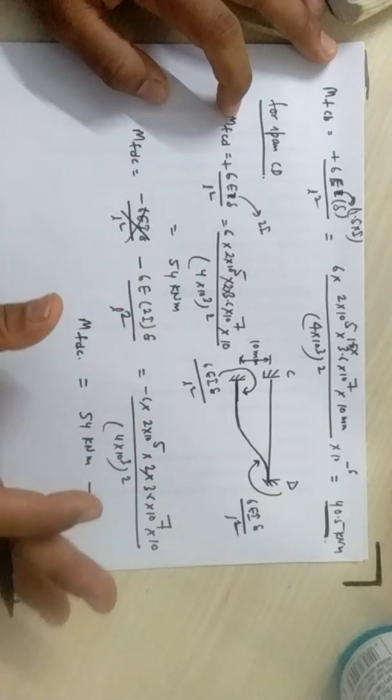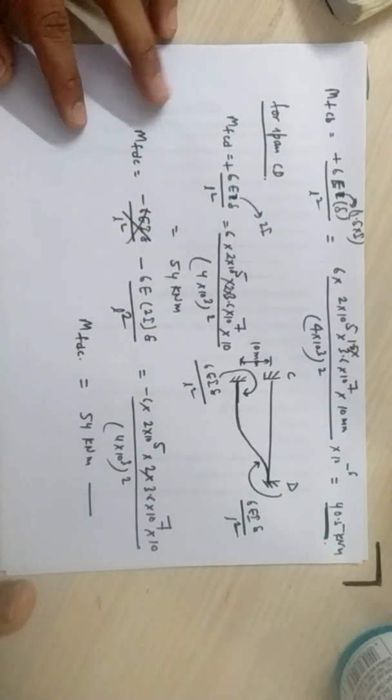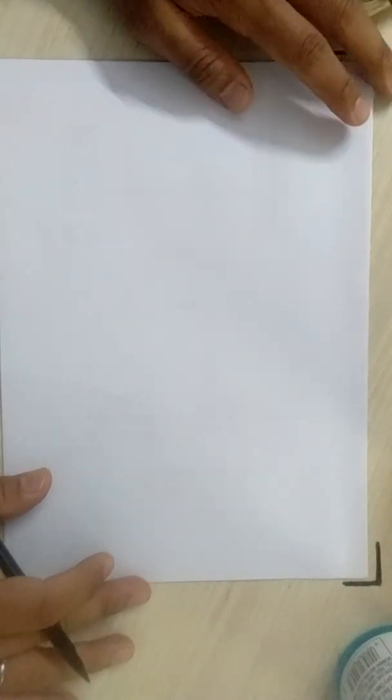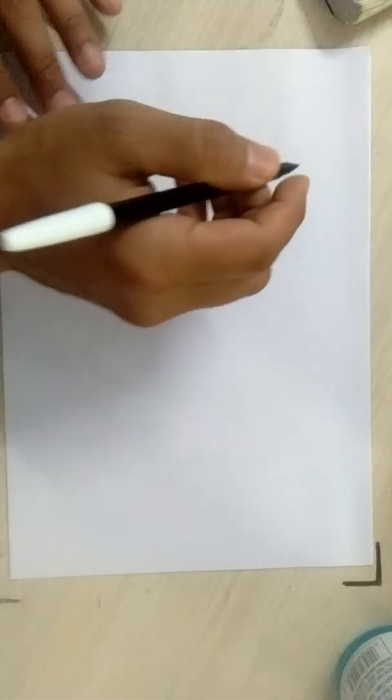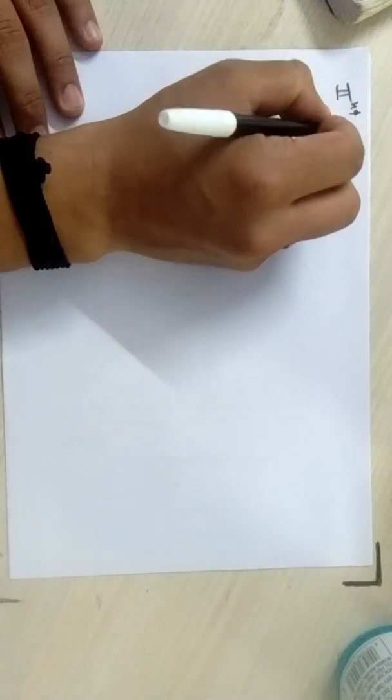So this is our first step. Okay, we will calculate all the fixed end moments. Now in the second step, what we will do, we will write slope deflection equations.